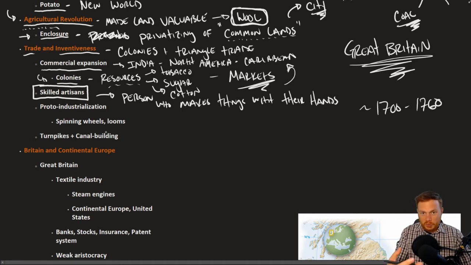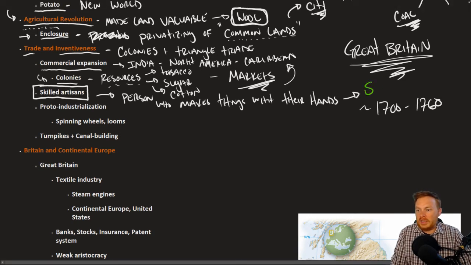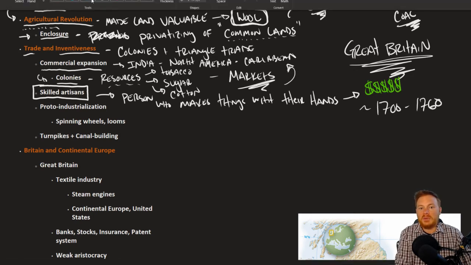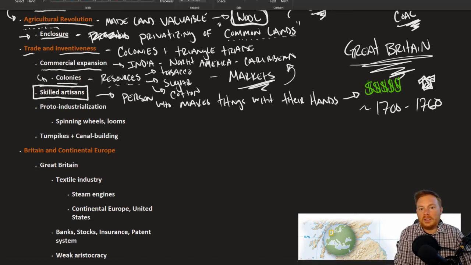And when artisans produce something, it's a very, very expensive process, right? So we might say a handmade good, and this kind of comes from our intuition: if something is handmade, it's going to cost a lot of money. And at the same time, if every single, let's just use shirts, for example, if every single shirt is produced handmade, well, then there's not going to be an ability to really make a lot of these things, right? So you're going to get a small number of shirts made for a very, very expensive price. Well, in England, producers started to figure out ways to cut down on the cost, to make it less expensive.